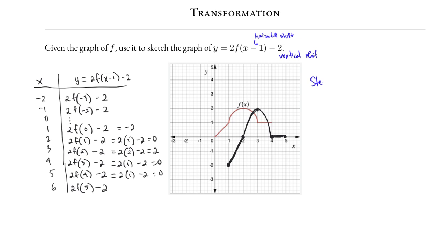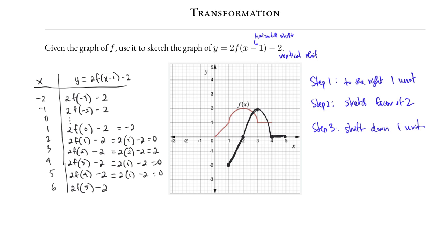Alternatively, we can follow the order of operations to do the transformation. First, we will shift the graph to the right 1 unit. And then we would scale it, or stretch it, by a factor of 2. And then the last step, we would shift it down 2 units to get the final graph.